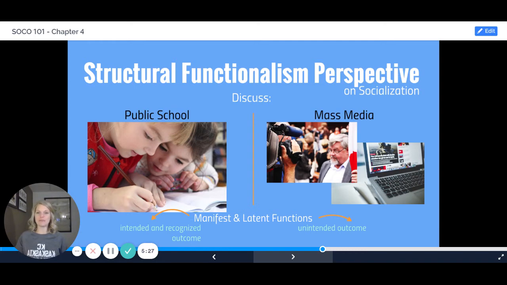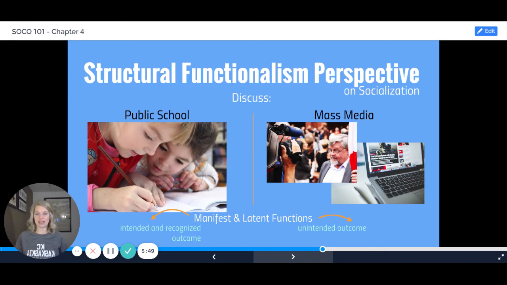That's what's intended. But there are other things that our public school system does. How about that it teaches patriotism? That's where usually kids learn how to say the Pledge of Allegiance. What about the school system as being a daycare? Many of us have been affected by that latent function.